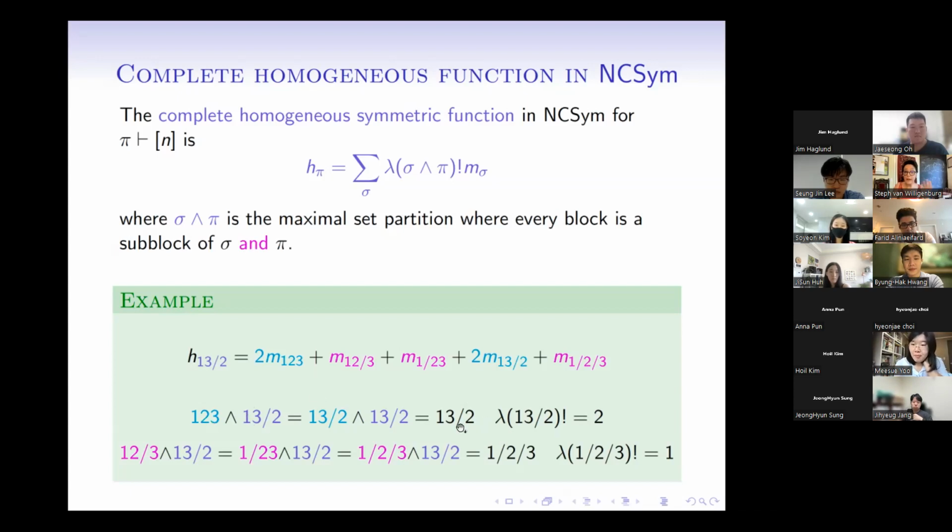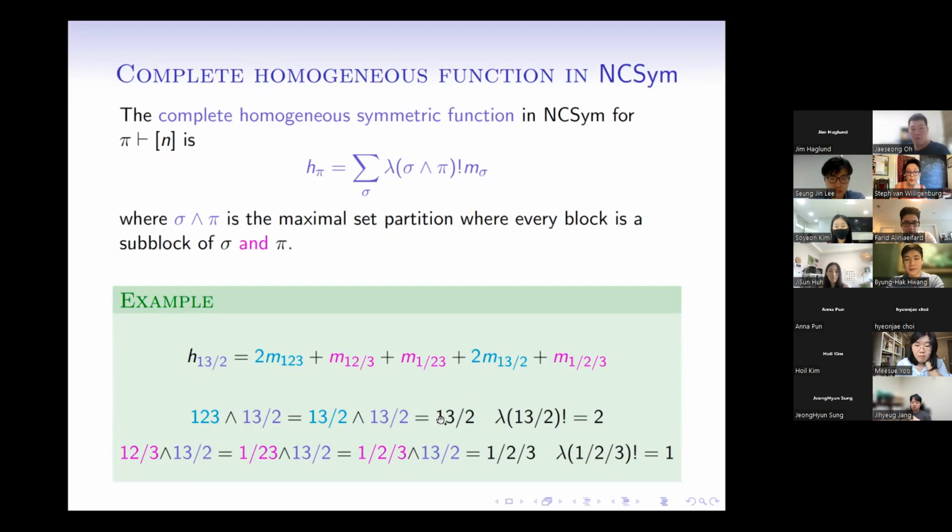And this happens to be 132 because notice that 13 is a subblock of 123 and 13 is a subblock of 13, and then 2 is a subblock of 123 and 2 is a subblock of 2, and you can't find anything bigger than that. So now we've computed this, we're going to look at the block sizes and take their factorials.